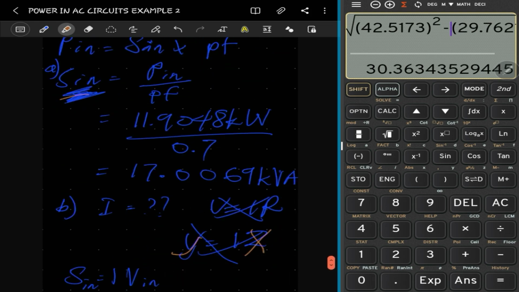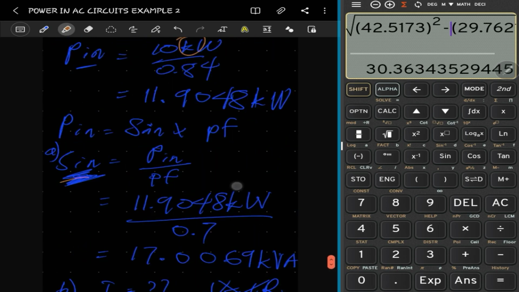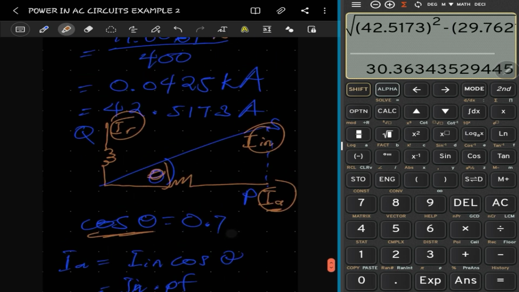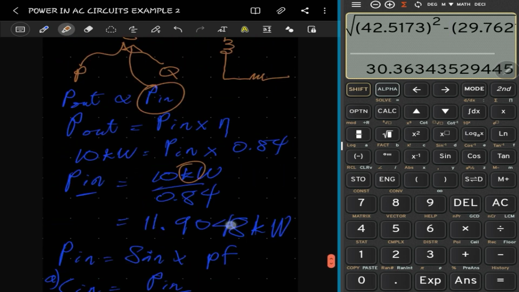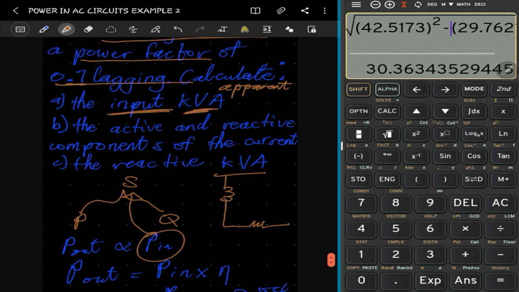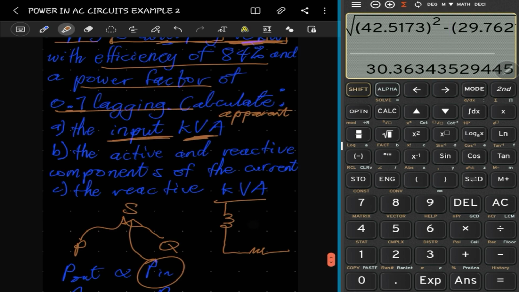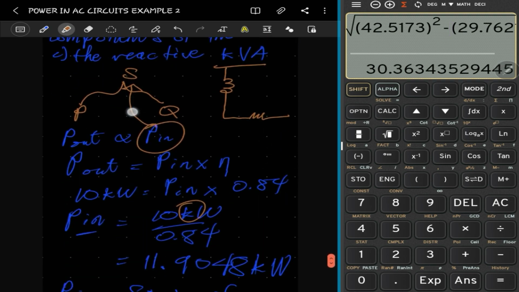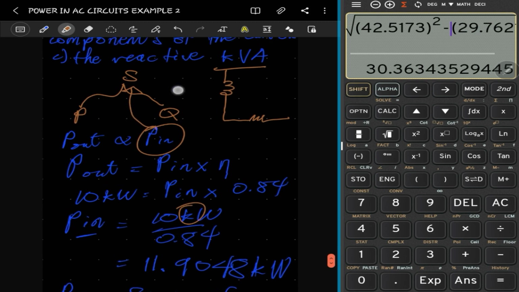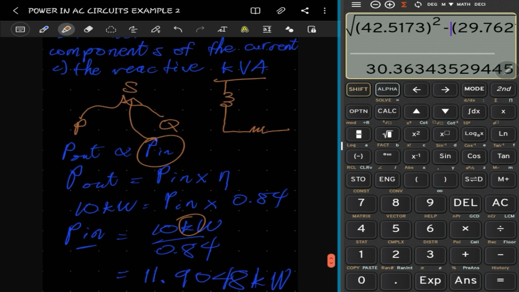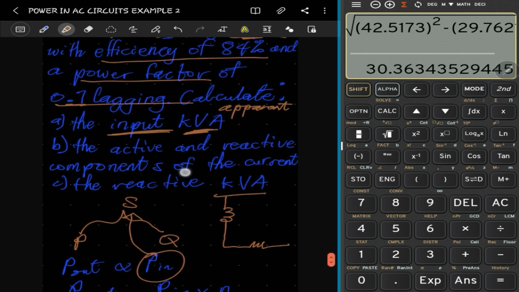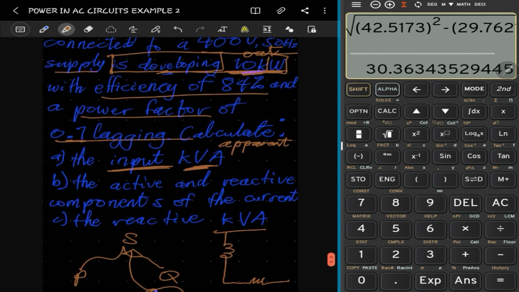It's the input that we have, so we have the input power, and then we can get the input reactive power as well. So the one we are trying to find here is the reactive kVAR.